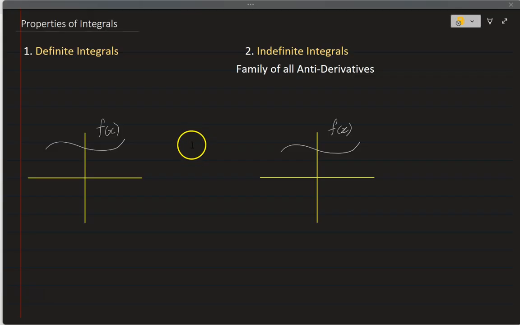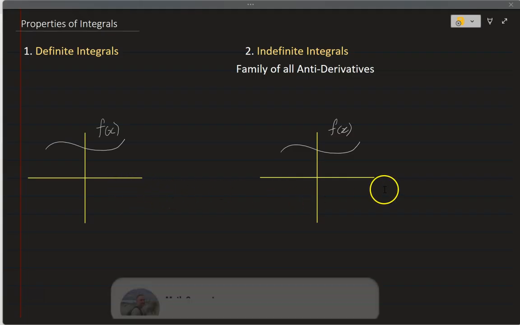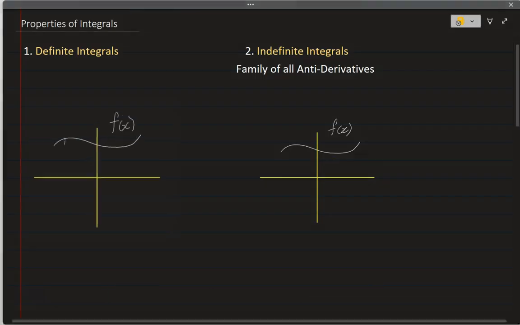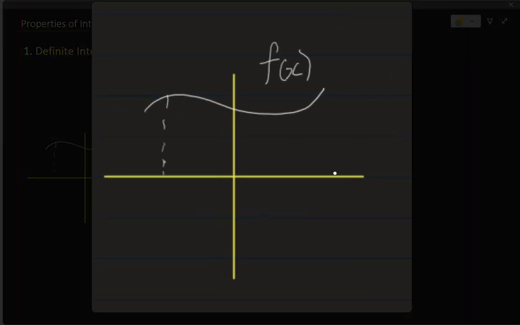Okay, first thing we have to deal with is that there are two different types of integrals. One is called the definite integral, the other one is called the indefinite integral, and they're very simple. I have two functions set up here, same functions, same graph. The definite integral has boundaries.